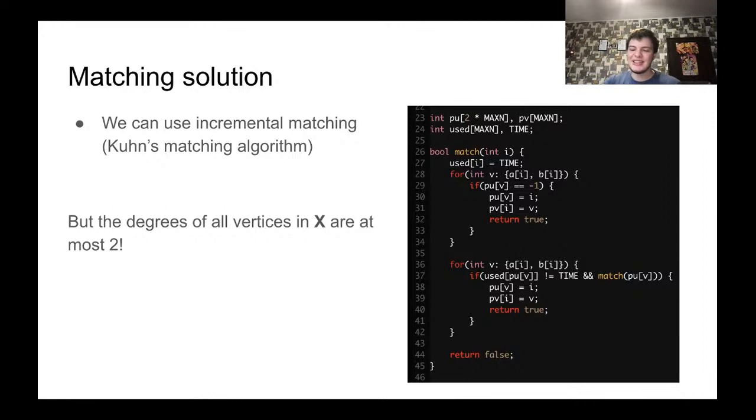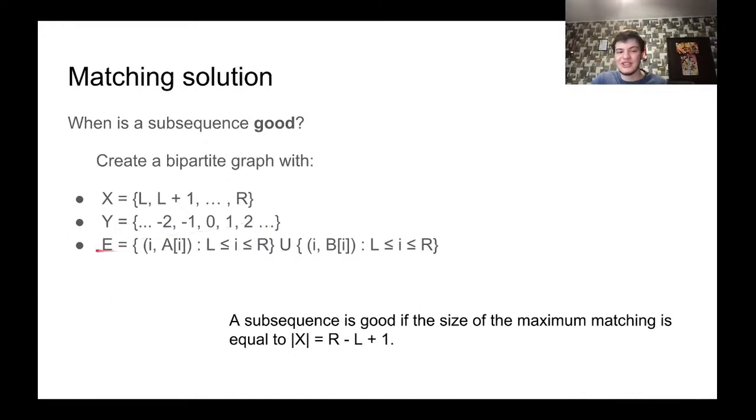The main part of going from a completely matching solution to something faster is to observe the specific structure of the graph, mostly that all vertices in X will have a degree at most 2. This is by construction, because from every position in X we have at most 2 edges, one to Ai and one to Bi. I'm saying at most 2 because there is the case where Ai is equal to Bi, and then we have just a single edge.